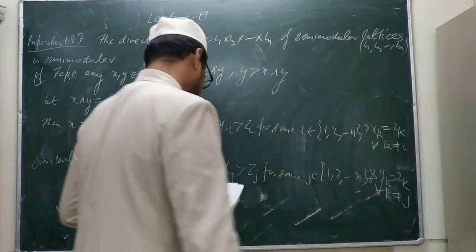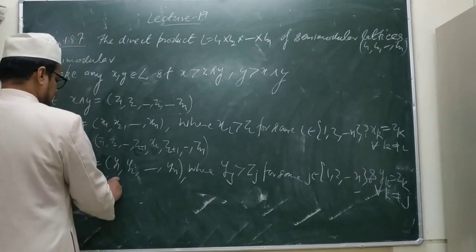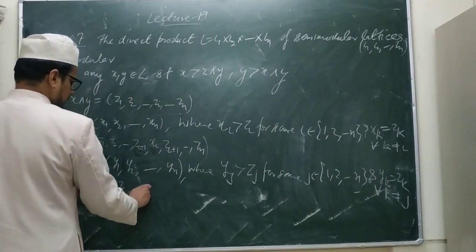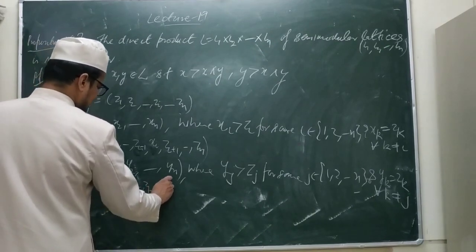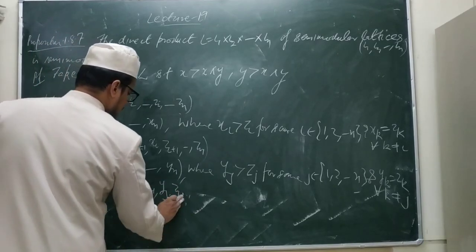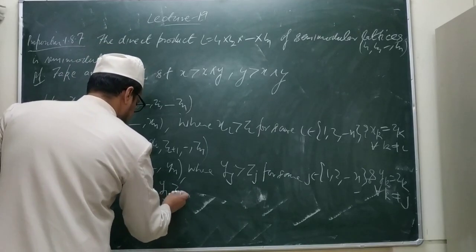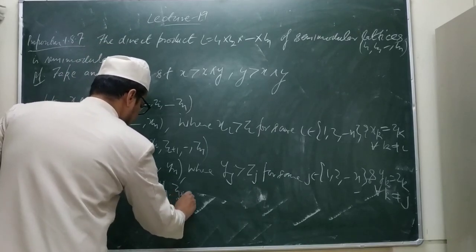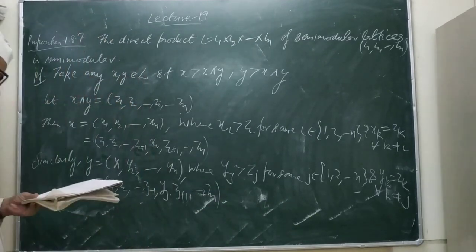It is not necessary that i and j coincide. It means y is (z1, z2, ..., z_{j-1}, yj, z_{j+1}, ..., zn). It is like that, correct?